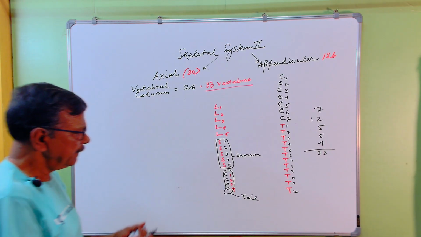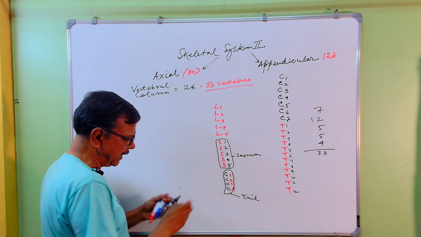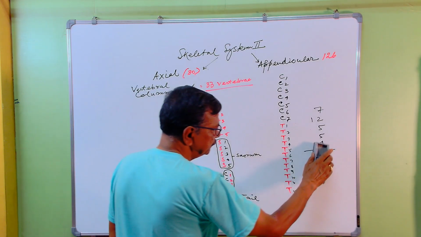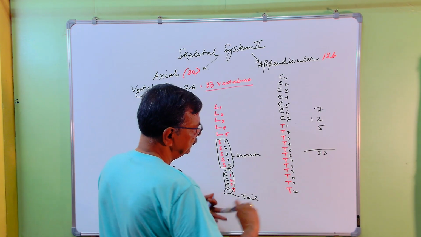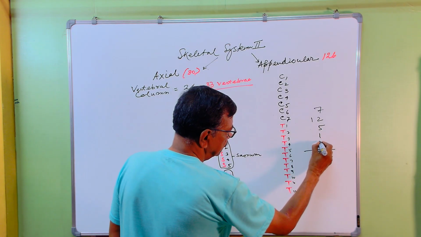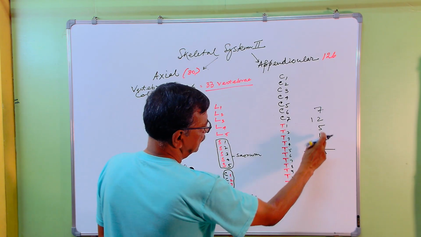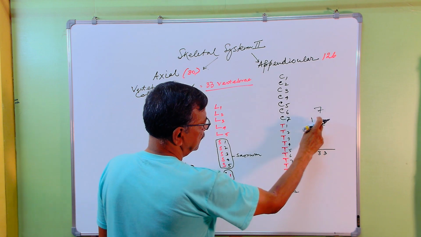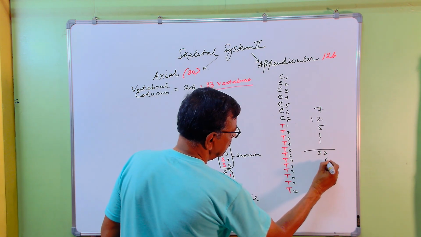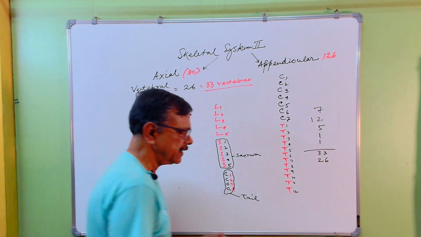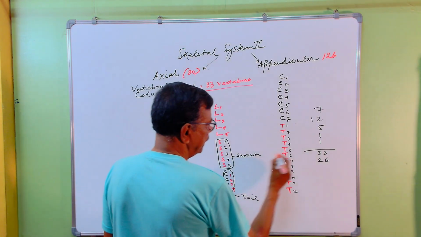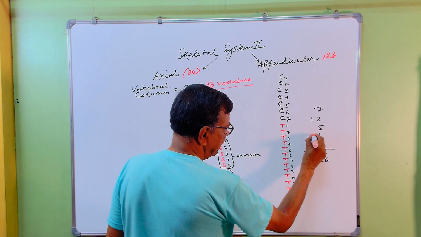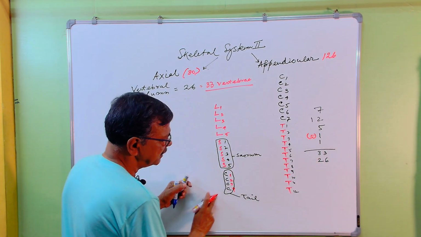Now it is coming, this is one, this is one. Then 26. It was 5 here, it was 4 here.